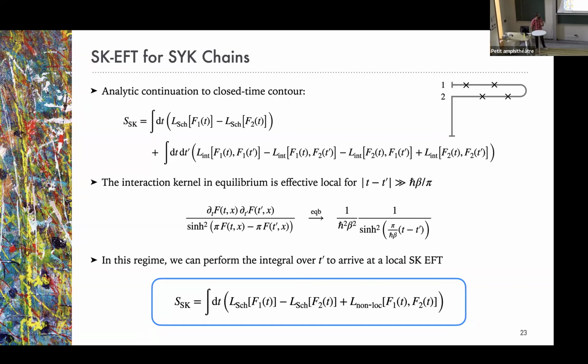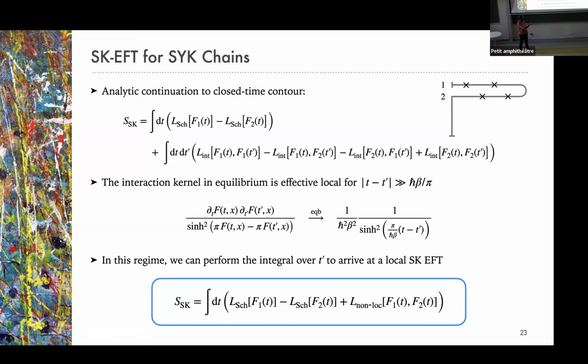So for time differences which are much, much larger than the thermal time scale, which I argued is what we are interested in, you can take this theory and compute something that is at least approximately local. You can perform this T prime integral, if you will, by doing a perturbative expansion around the saddle point. And if you do that, there are some complicated integrals that you can do, and eventually you can derive your Schwinger-Keldysh EFT.